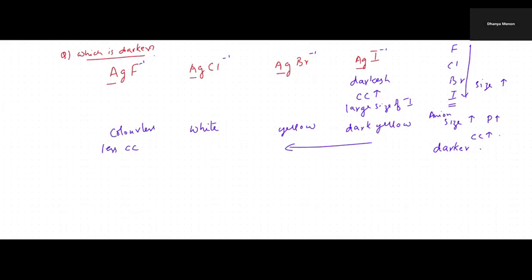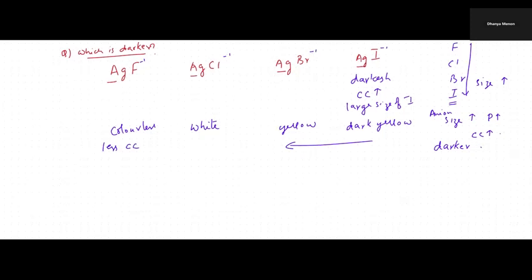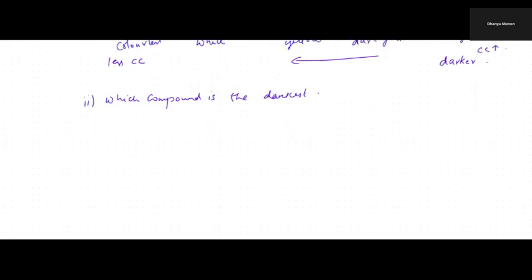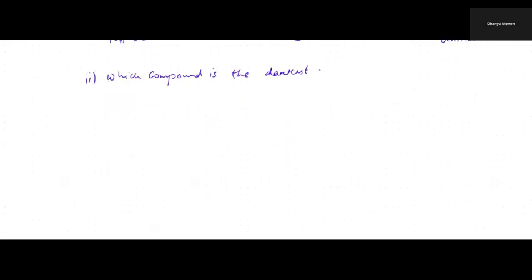Let's practice one more example. Same question: you have to tell which compound is the darkest. Whichever has more covalent character will be the darkest.